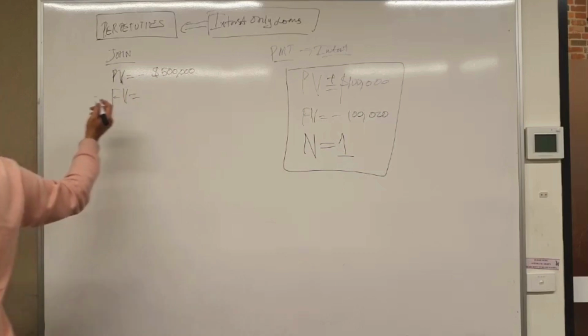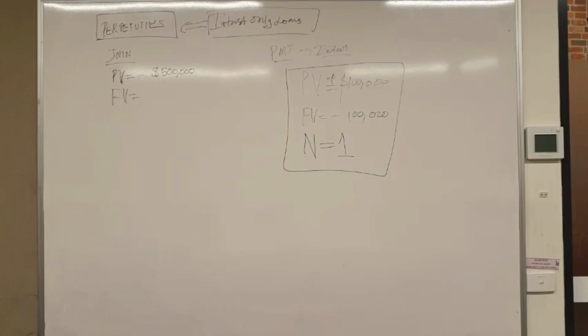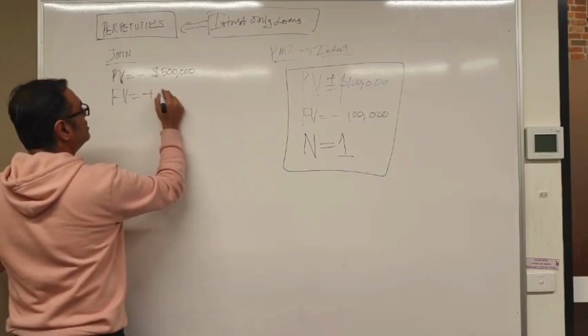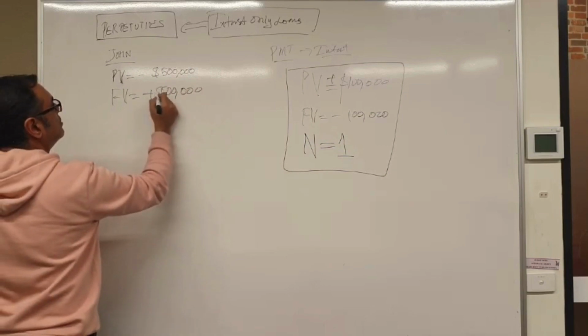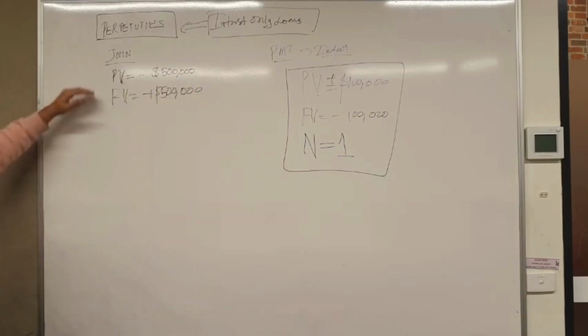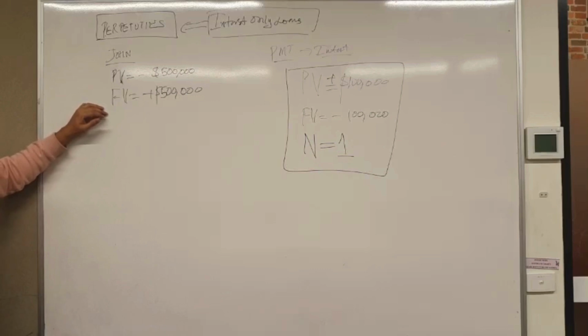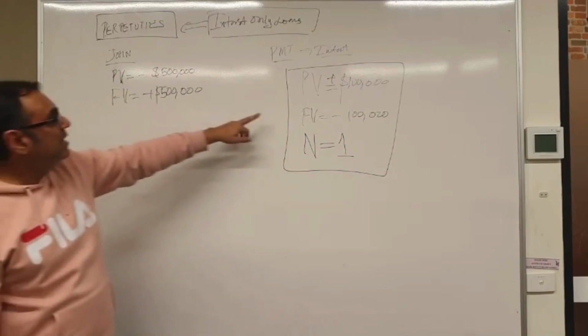Future value will be a positive $500,000 because you've not consumed it. Right? You see? Exactly opposite.